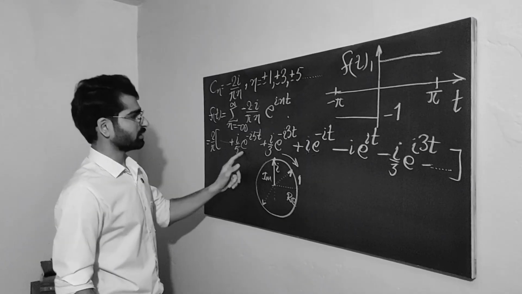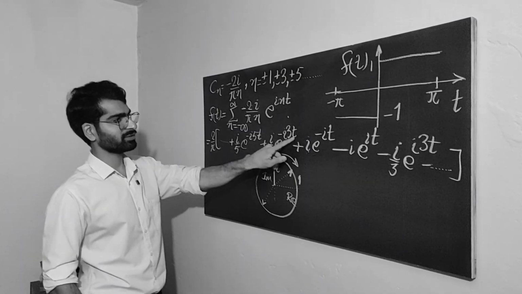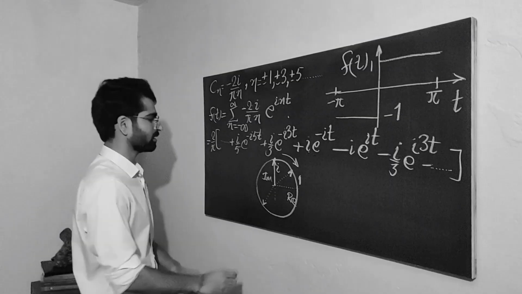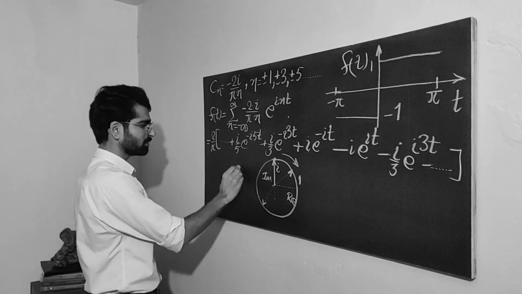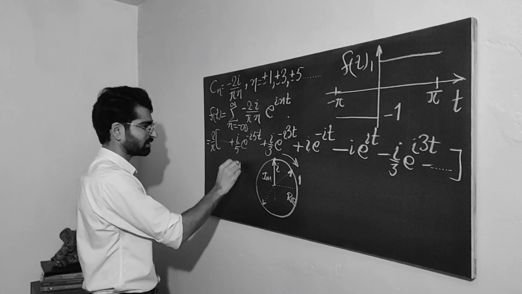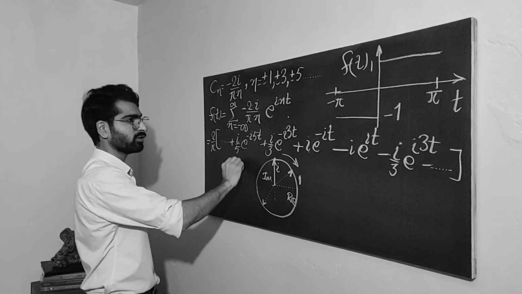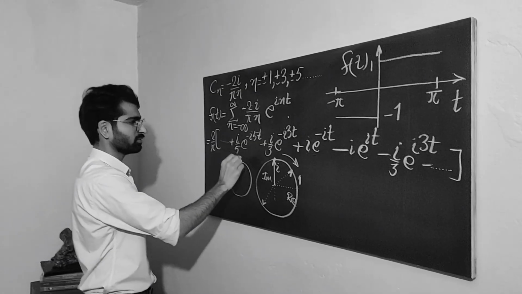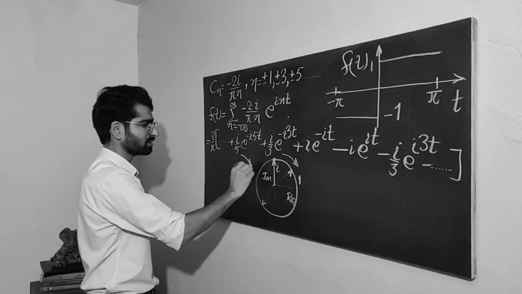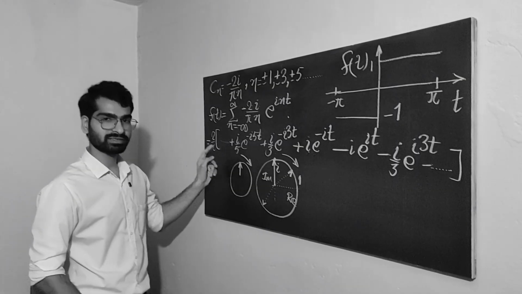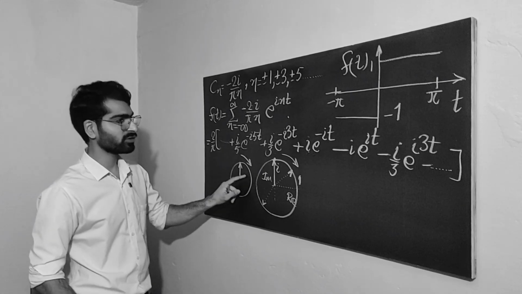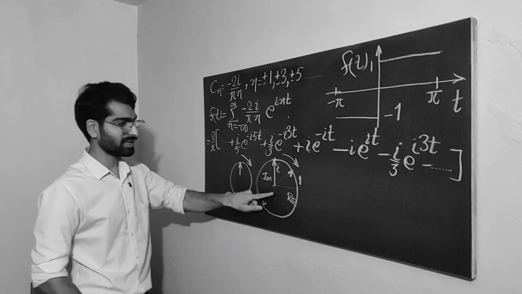Now, what about these ones? At time t equals 0, you get i over 3, 3 times shorter. The direction of the vector will still be the same, but it will be 3 times shorter, and it will go clockwise with a frequency of minus 3. Minus 3 tells you these are higher harmonics. So this one will go 3 times faster than that.